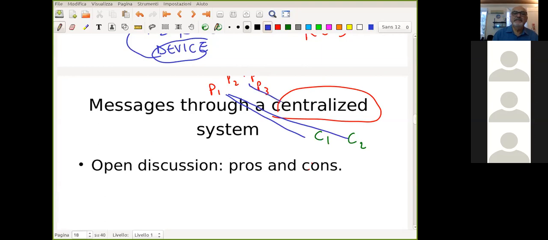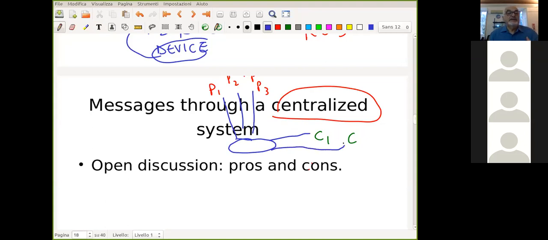Another possibility is having a central communication system managed by the middleware, so that everybody sends and receives messages, sends subscription requests, sends the request to read or write on the blackboard and so on.